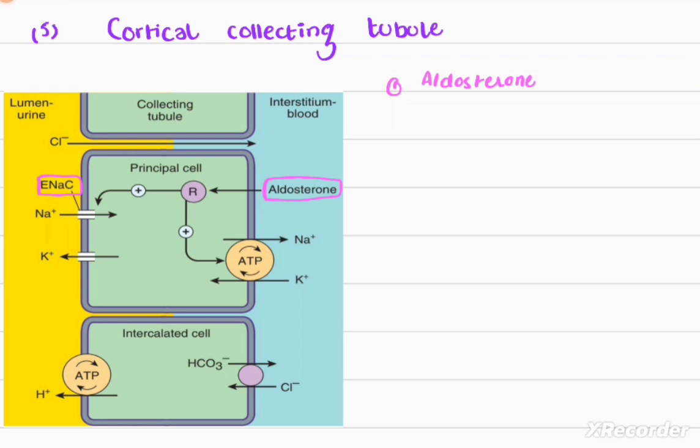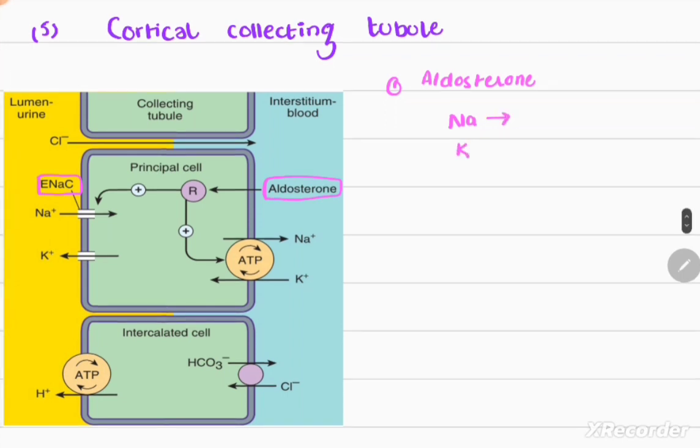Now what it does is that it increases the reabsorption of sodium inside the cell, and it increases the excretion of the potassium to the outside of the cell, into the lumen of the urine.